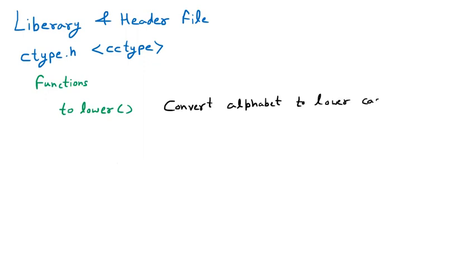If you write a capital A and apply the tolower function, it will convert to small a. The next function we have is toupper. It will convert an alphabet to uppercase.